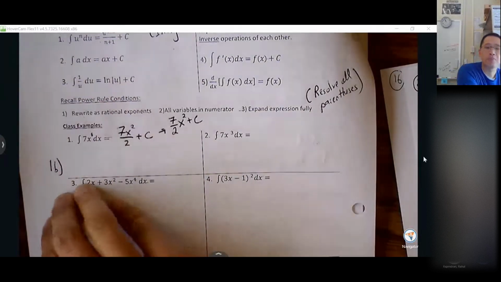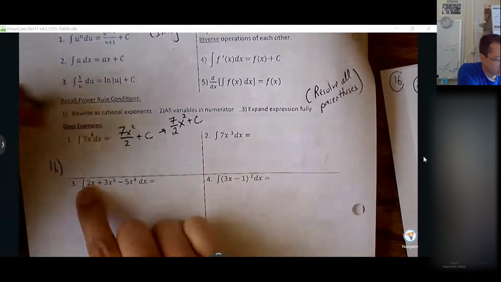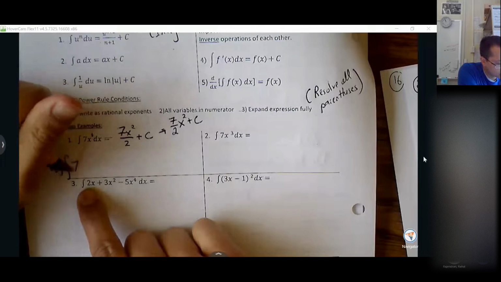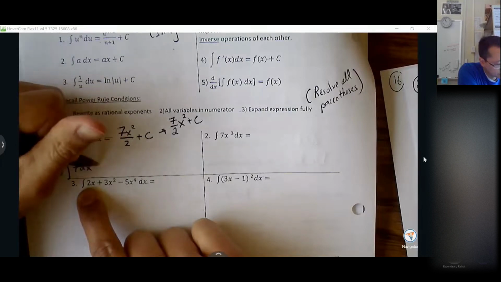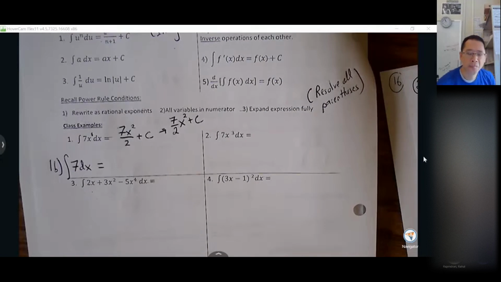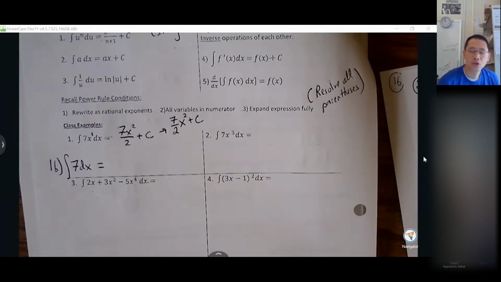It just doesn't seem as intimidating as looking at a value below a variable. Okay, I want to do something related here. What if I just ask you for the integral of 7 dx? The big idea to take away with the power rule for derivatives versus integrals is that for derivatives, you expect all of your exponents to fall by 1.